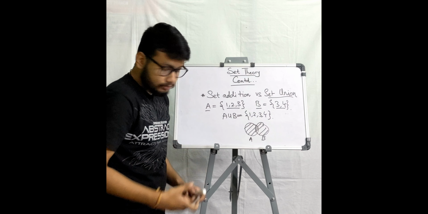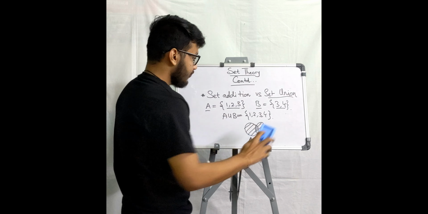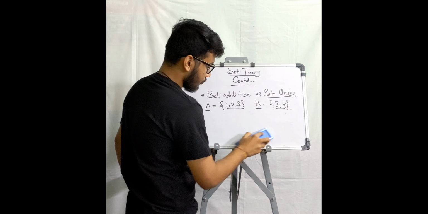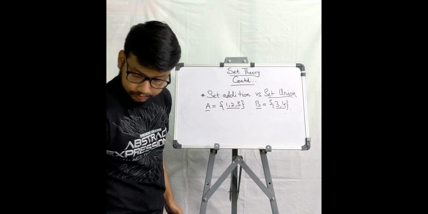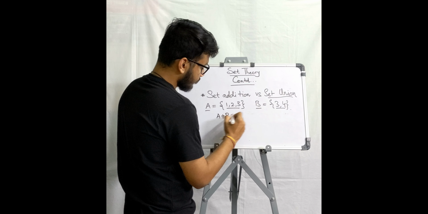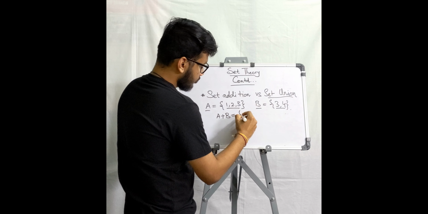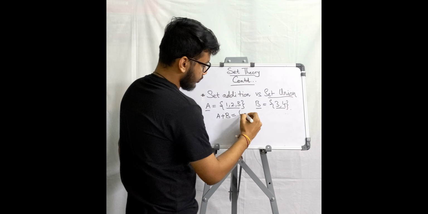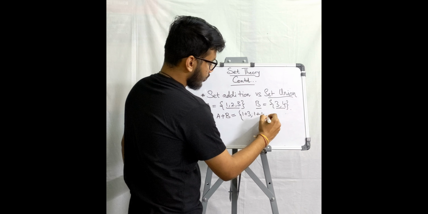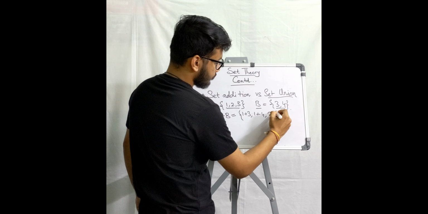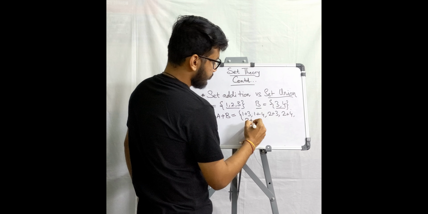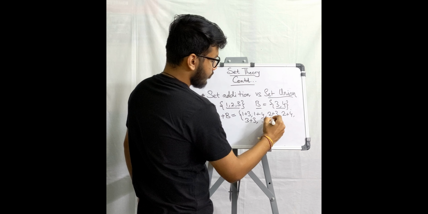Now, if I want to add these two sets, what will be the result? If I write A plus B, it will be 1 plus 3, then 1 plus 4, then 2 plus 3, 2 plus 4, then 3 plus 3, and then 3 plus 4.